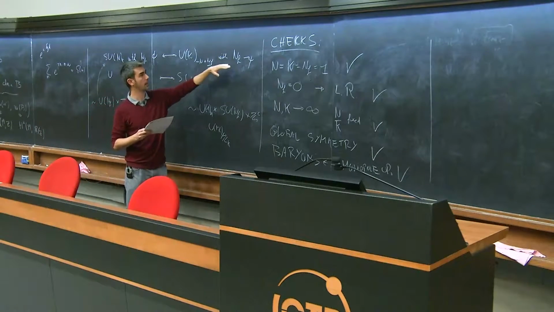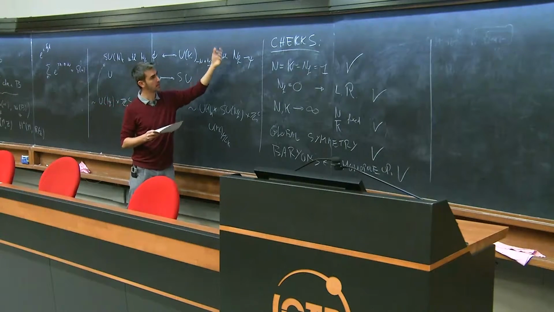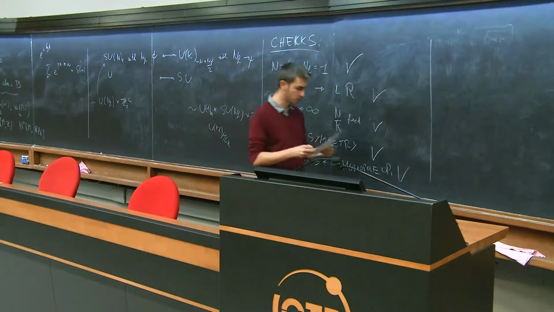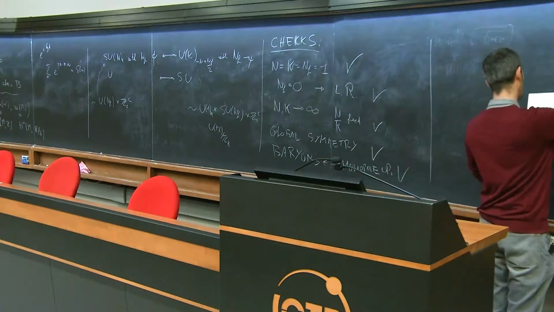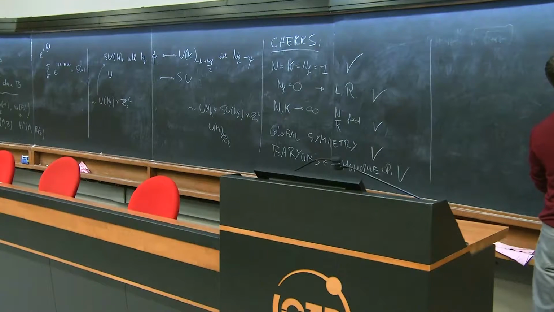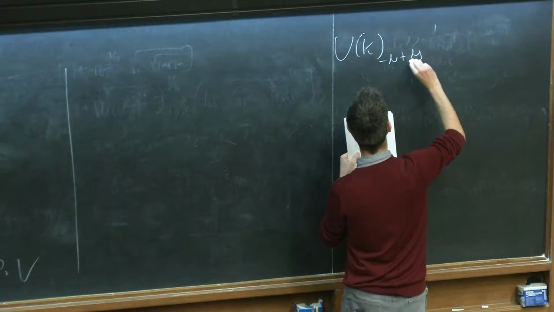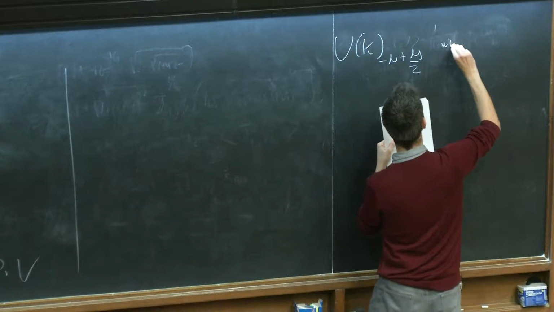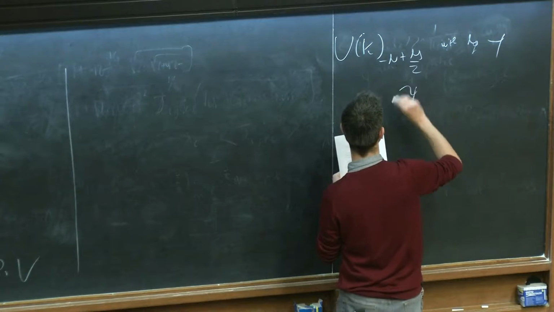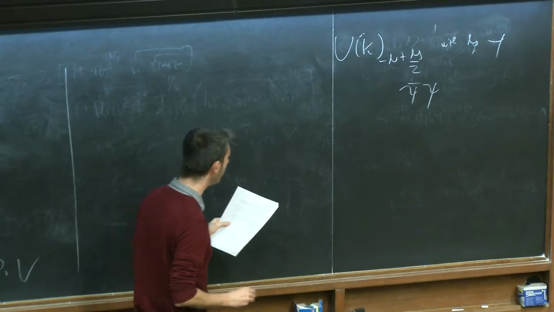So if we do it in the theory with fermions, well, this is simple, because when we give mass to the fermions, essentially we shift the Chern-Simons level, because of this one loop effect. So in the UK side, we turn on a mass for all the fermions.